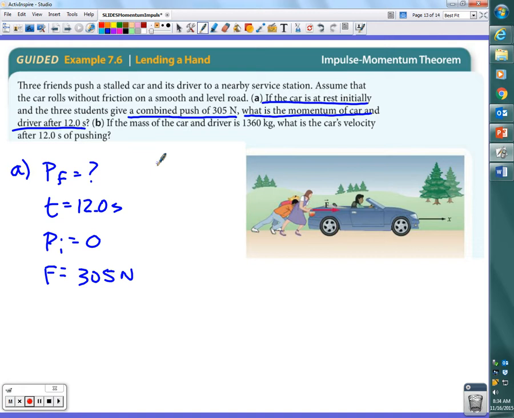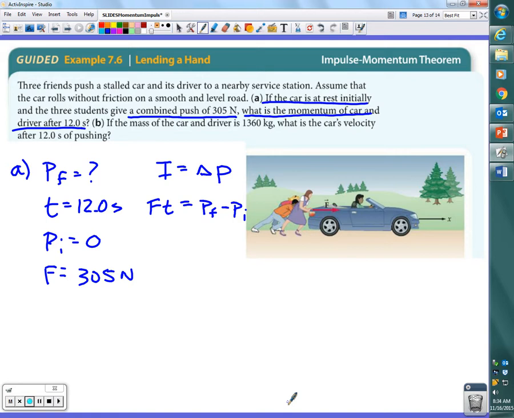We just learned that according to the impulse momentum theorem, impulse is equal to the change in momentum. We also just learned that impulse is force times time, and we know that if we're going to change the momentum of something, we ought to go final minus initial, right?